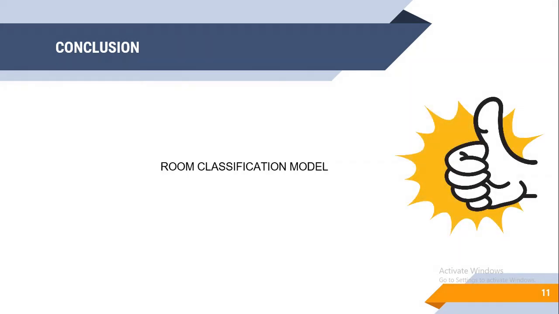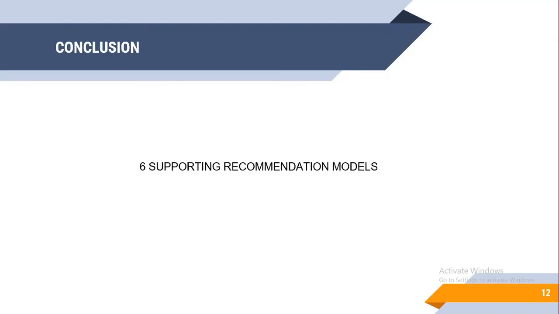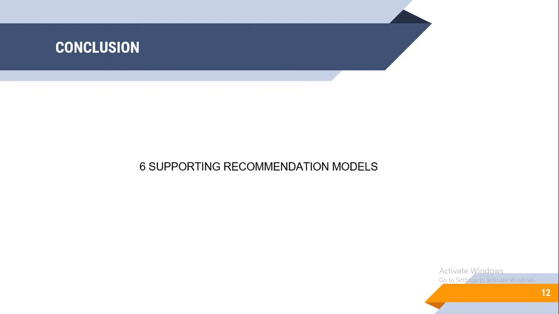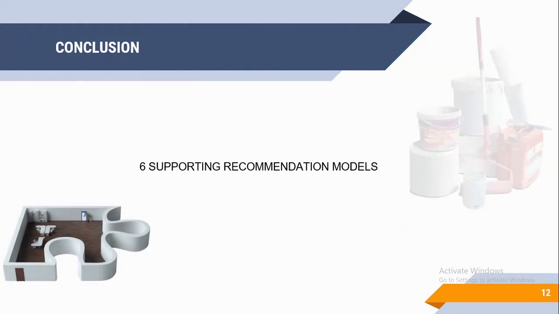By using the supporting recommendation models, users can choose what they want to improve according to their capability, starting from simple adjustments like adjusting the height of chair and table onto a more complicated adjustments like changing the study room layout and changing the study room wall color.